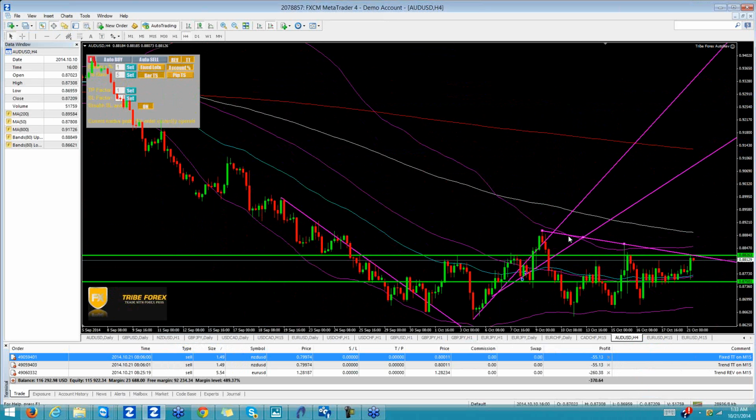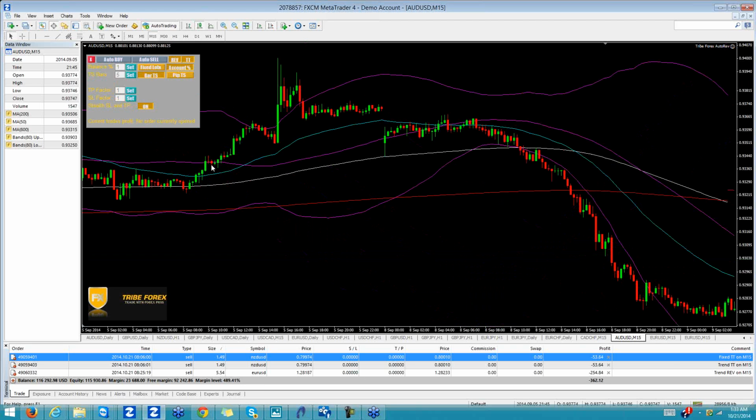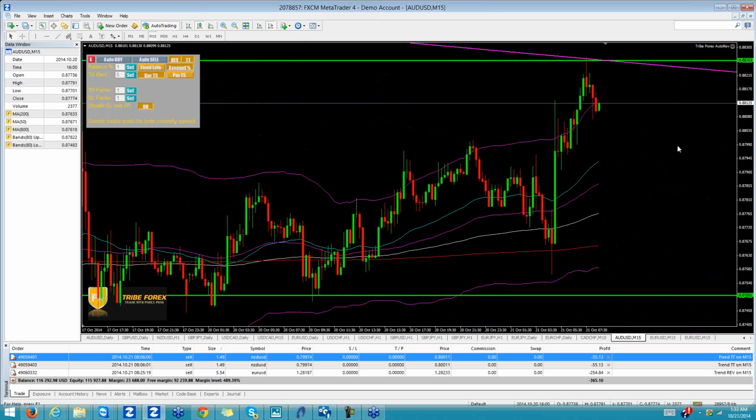Here's another one. Here's the Aussie dollar on the 4-hour. You can see that trend line that goes right and really hits the nail on the head at the 88.05 area. You can see where it did. It just hit that reversal candle right on that trend line I drew and dropped right off of it.